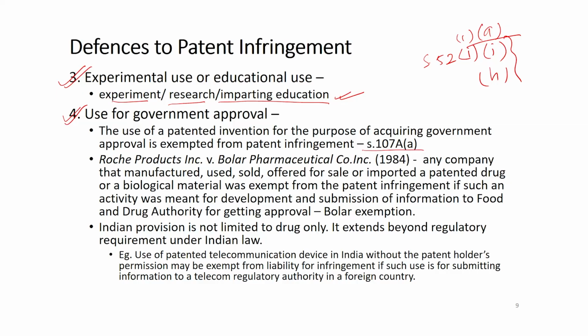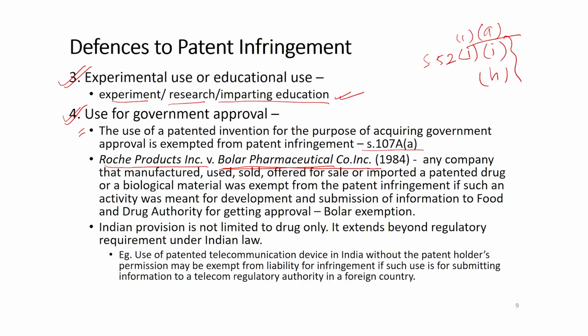Now, it has come from a case called Roche Products Incorporated versus Bolar Pharmaceutical Company Incorporated, and this exemption gets its name from this case. Such an exemption is called Bolar exemption.